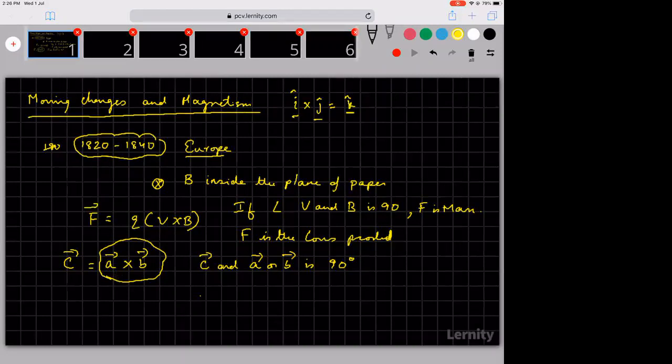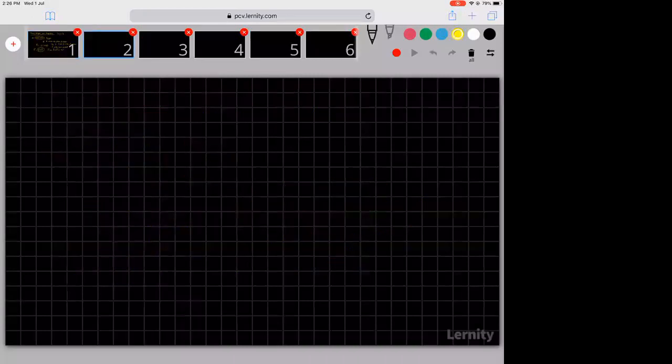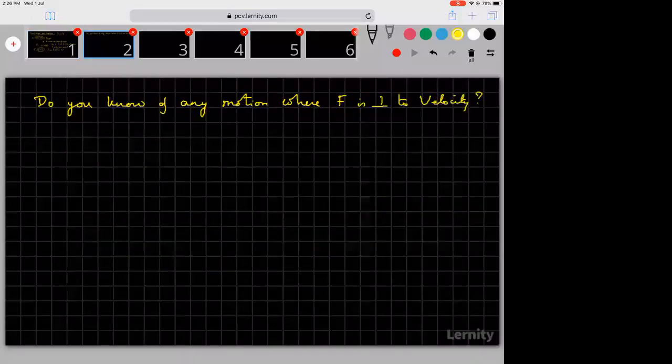Okay. So now, do you know of any motion where force is perpendicular to velocity? Can you think of any motion where force is perpendicular to velocity?